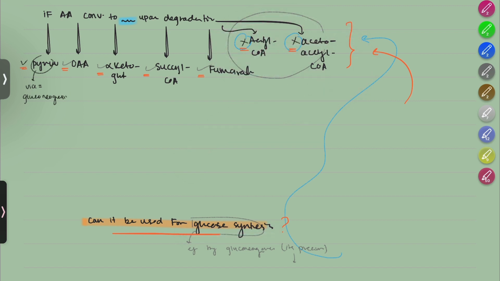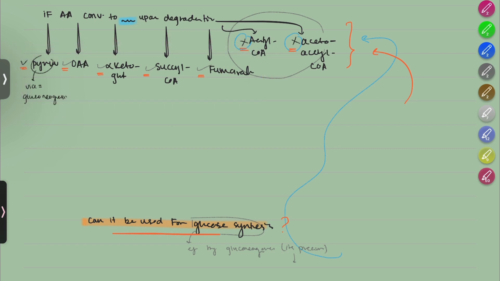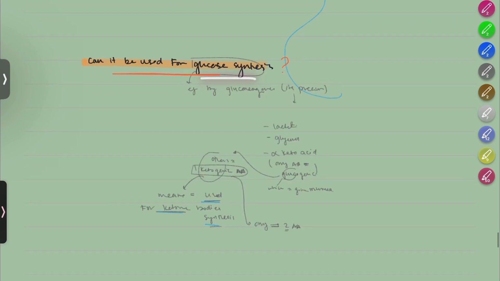However, it is used for the formation of ketone bodies. Another thing is that if it's converted into the 5 intermediates, it can go through the glycolytic pathway eventually, or even be used to synthesize glucose generally.